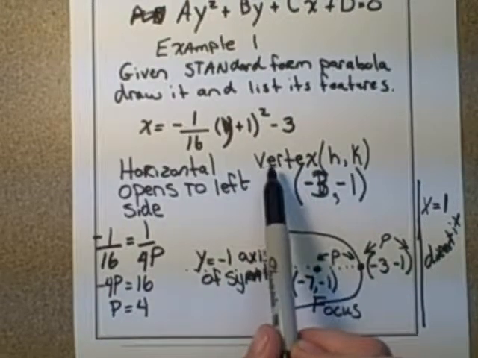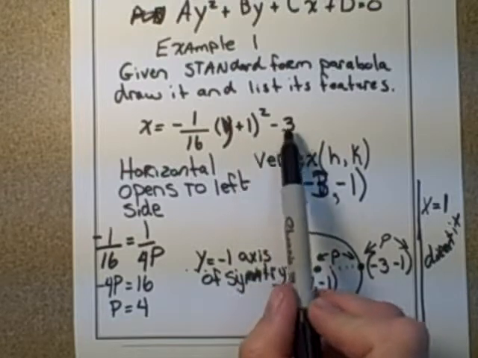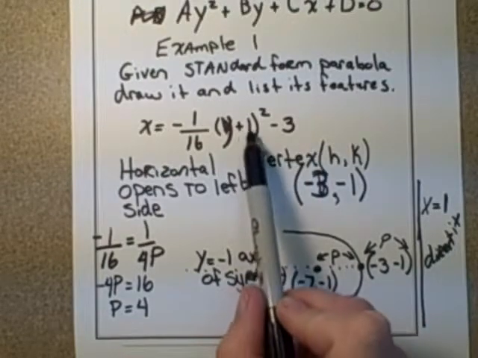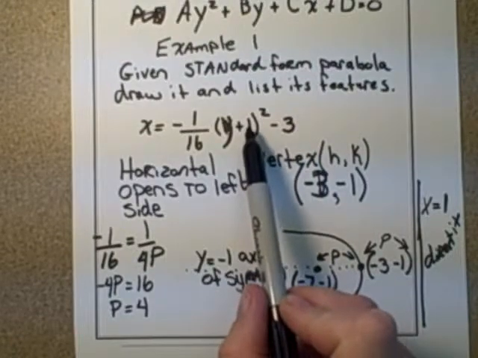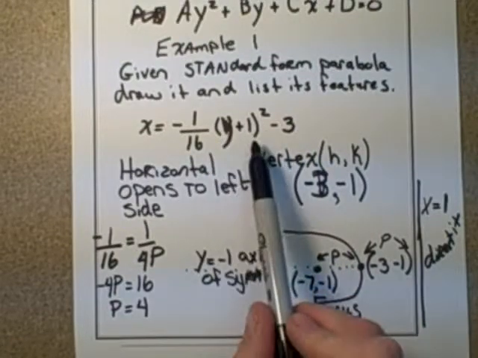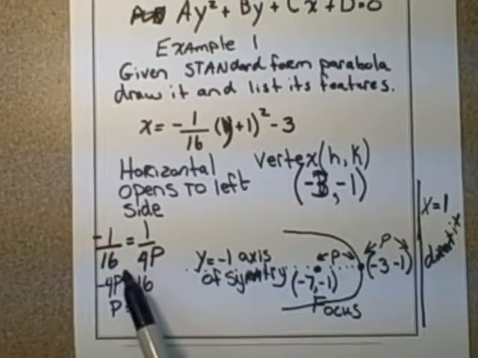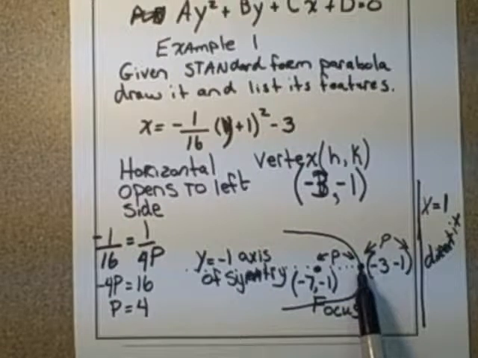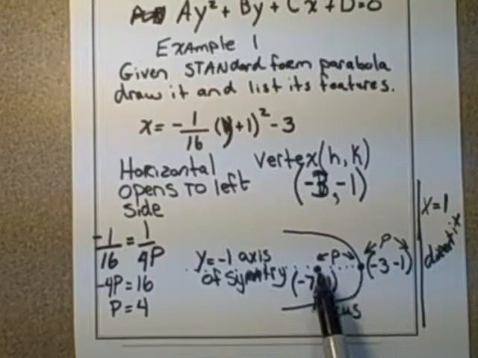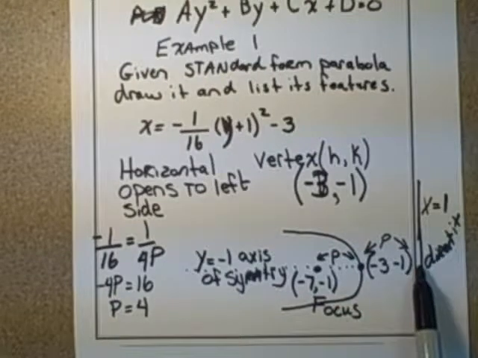We then found the vertex point by looking at these two numbers, h and k, this one being k here and this one being h here, remembering that this has to have the opposite sign because it's in the brackets. Then we sketched our parabola out. We figured out what p was, and then we went from the vertex point back, in this case, to find the focus point, and ahead, in this case, to find the directrix.